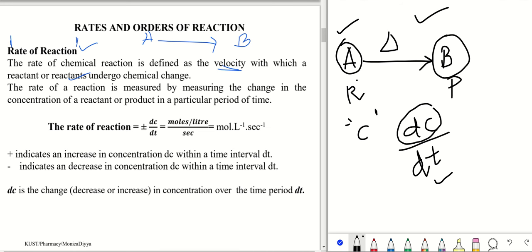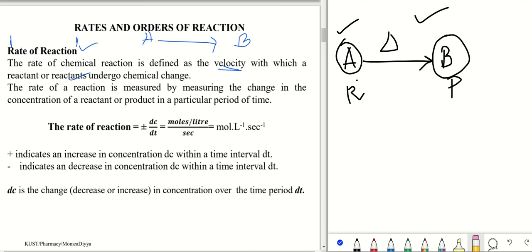As the reaction proceeds further, there will be a change in the concentration of A, right? There will be a decrease in the A concentration, and at the same time an increase in the B concentration. So the change in the concentration with respect to time is known as the reaction rate.